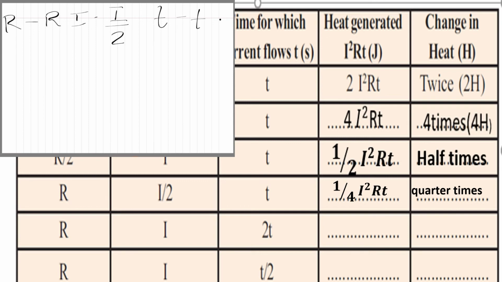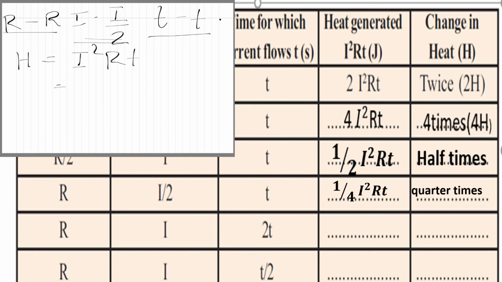Another question: the resistance of the conductor remains R, the intensity of the current is halved, and the time remains T seconds. Then we want to find the heat generated. H is equal to I squared RT.